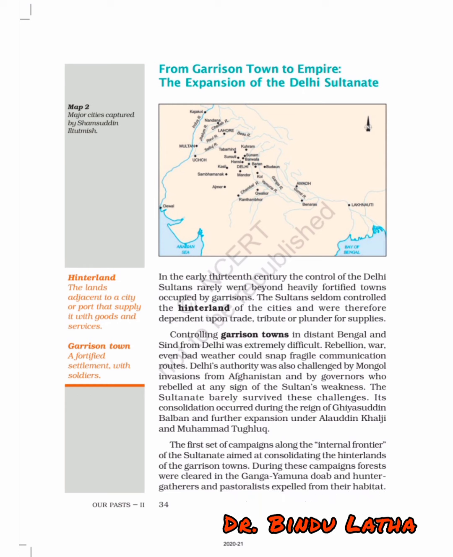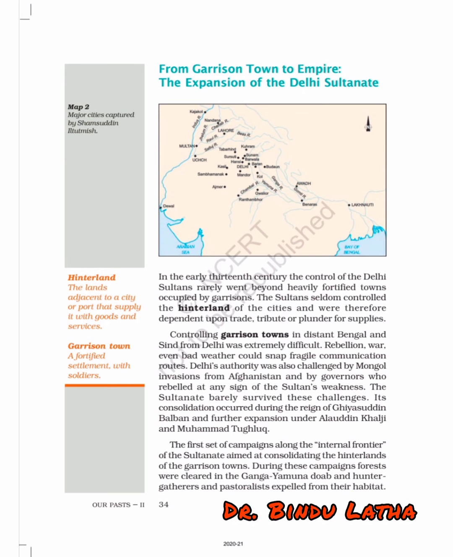So by consolidating the hinterland and the garrison town, they made a lot of campaigns inside their territory, not outside. As part of this, they cleared the Ganga-Yamuna Doab and expelled the inhabitants, and they gave this land to the peasants and encouraged agriculture. After that, the expansion through the external frontier started.